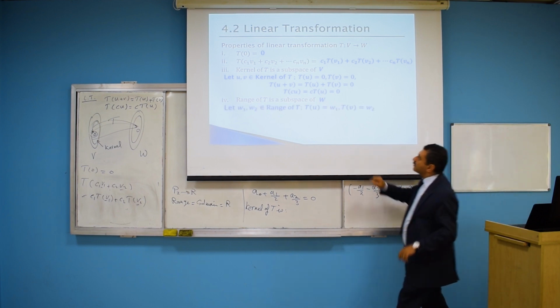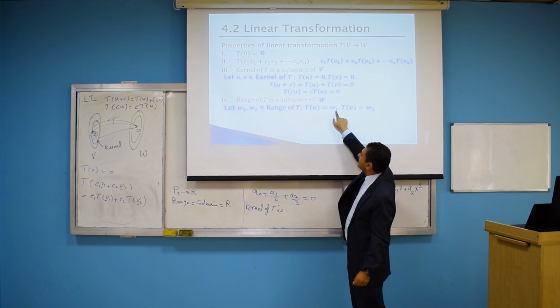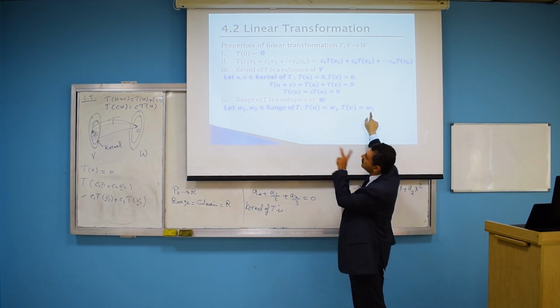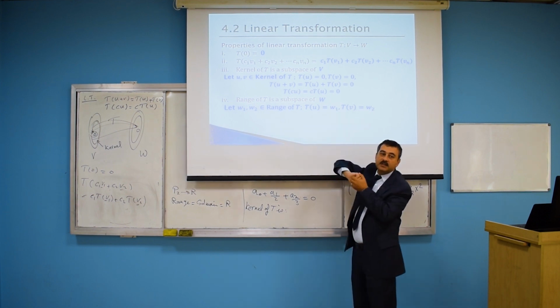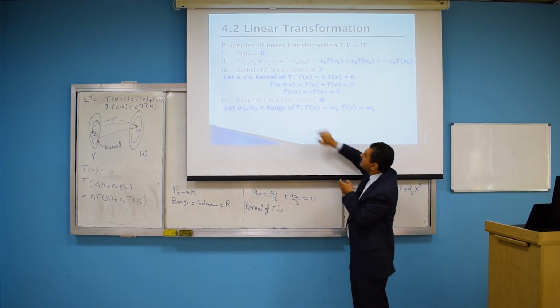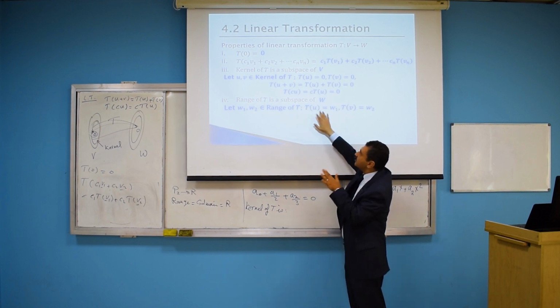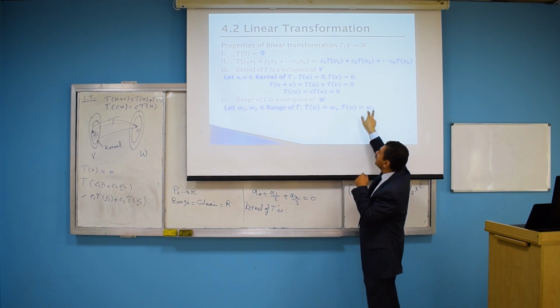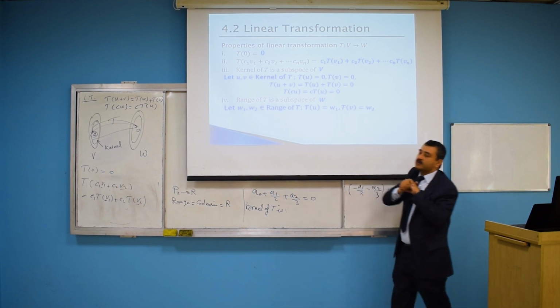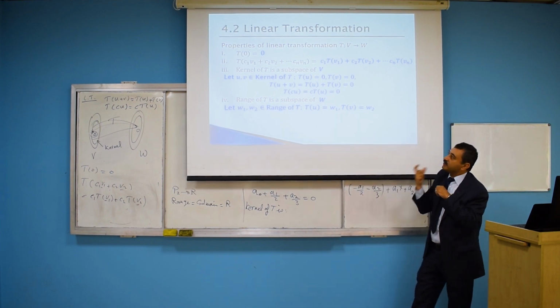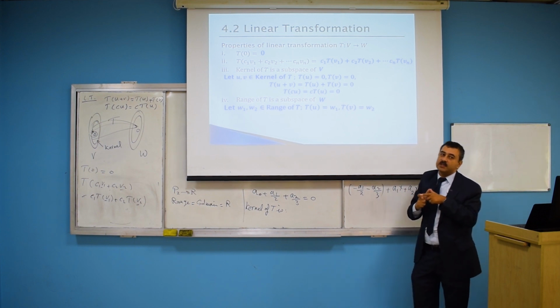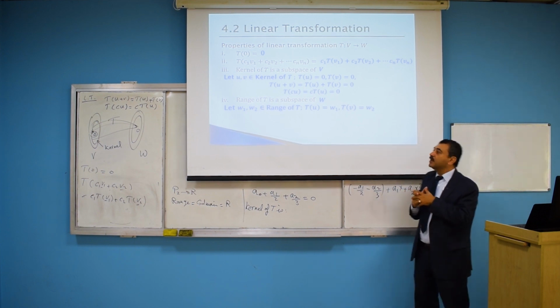So if you have two vectors in the range, which means that W1 and W2 have pre-images in V. So W1 is the transformation of a certain vector U, W2 is the transformation of another vector V. We want to prove that the sum, W1 plus W2, is an image of a certain vector.